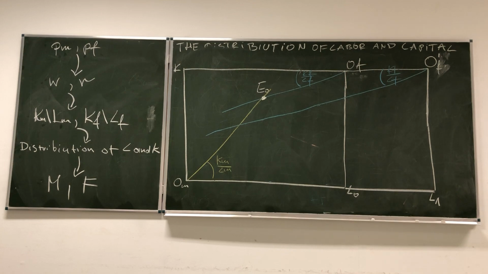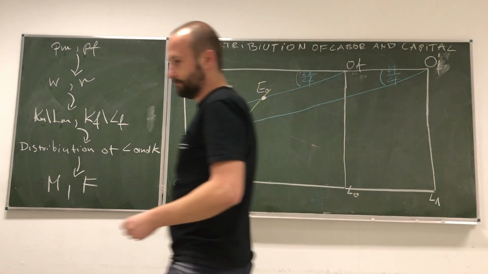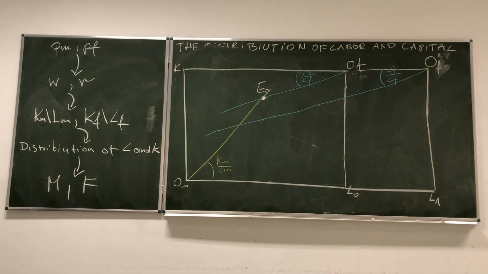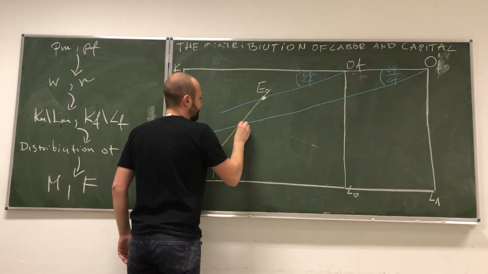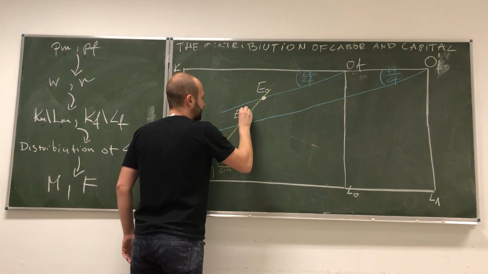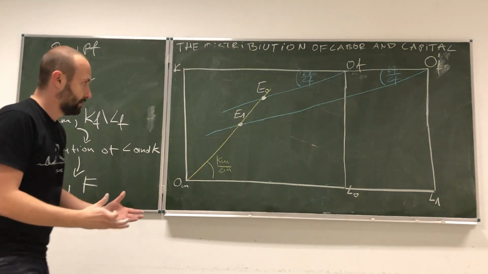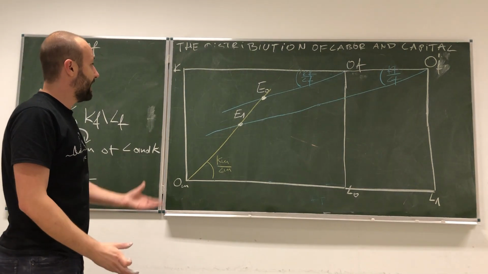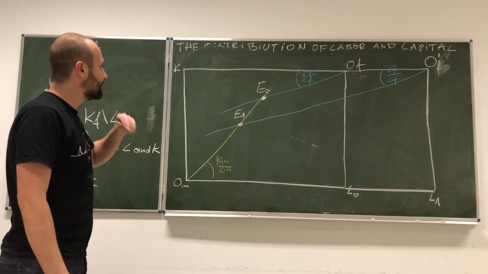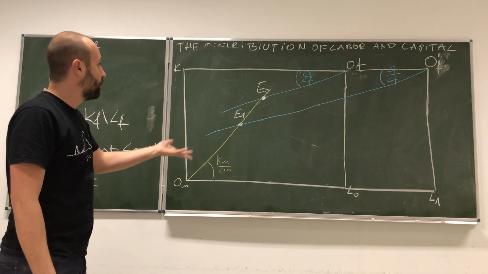So, what we get over here is the new equilibrium associated with the higher level of labor in the economy. But look what is happening over here. It turns out that we've got more labor, and so what has happened?